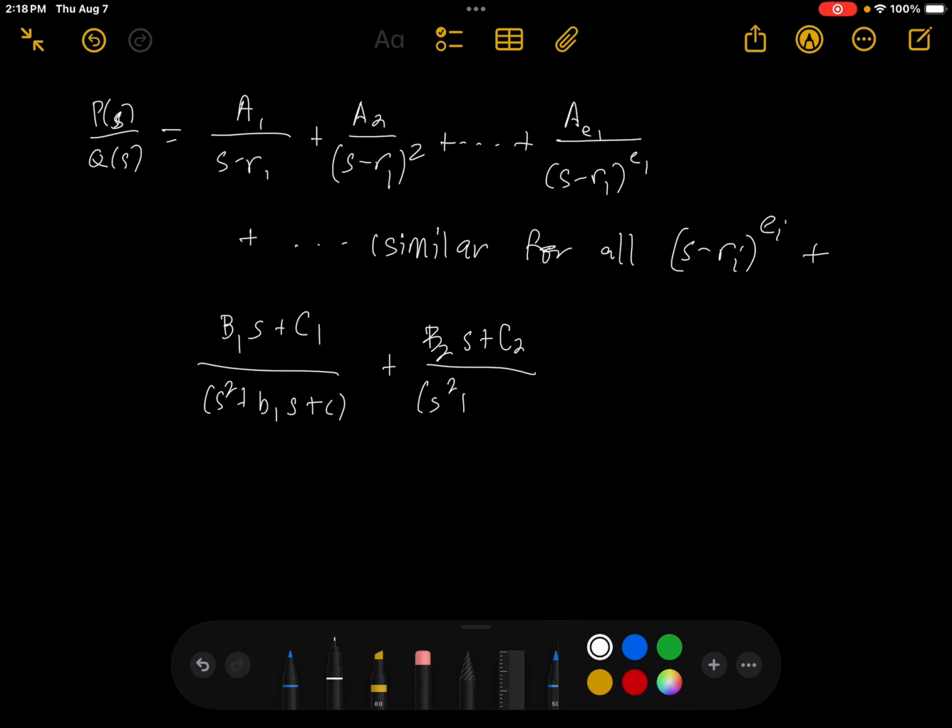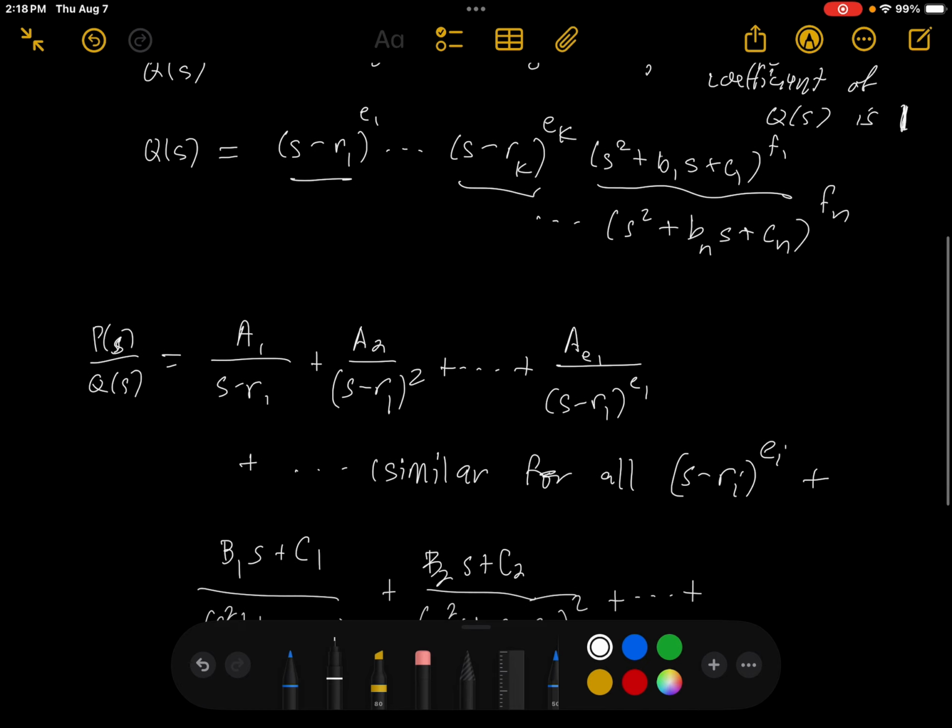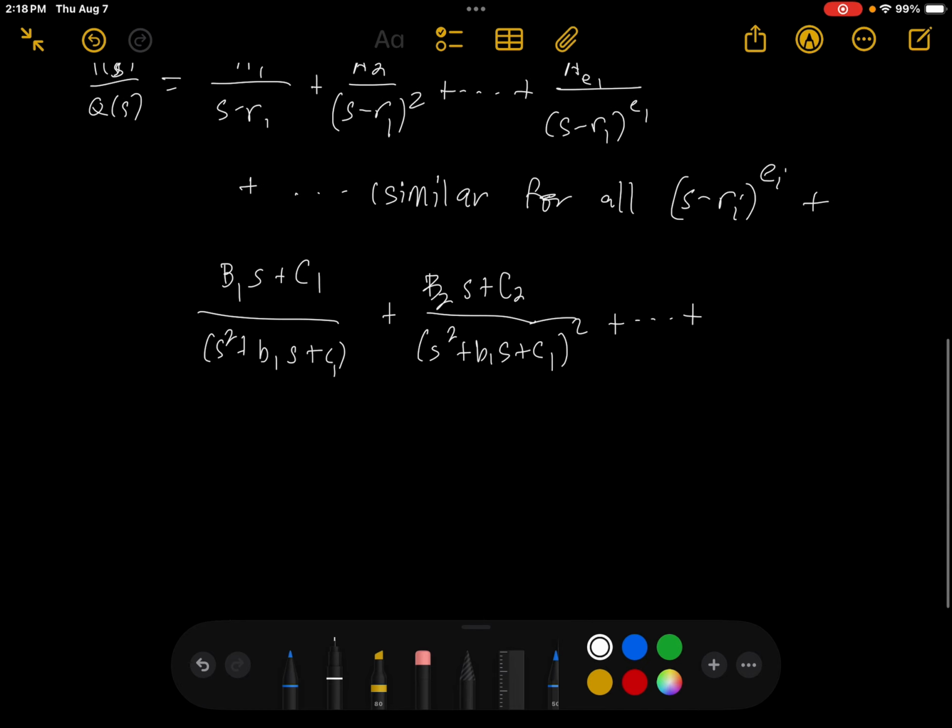s squared plus B1 s plus C1 squared, and so on, all the way to, if the power is F1, then you have F1 of these. So it's B sub F1 s plus C sub F1 over (s squared plus B1 s plus C1) to the F1.